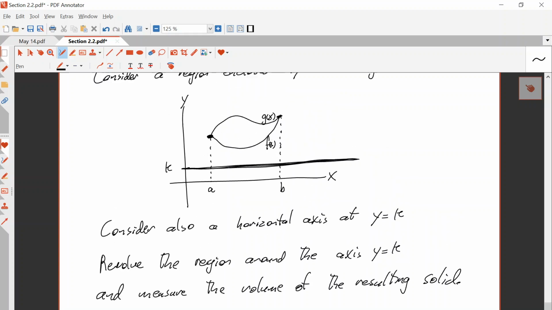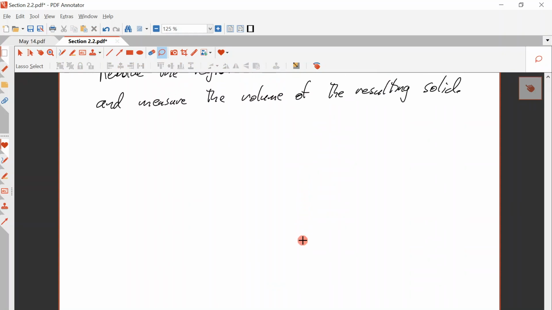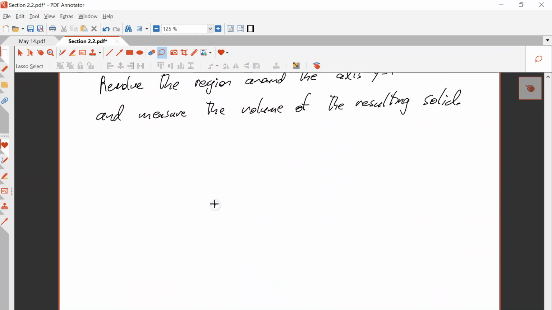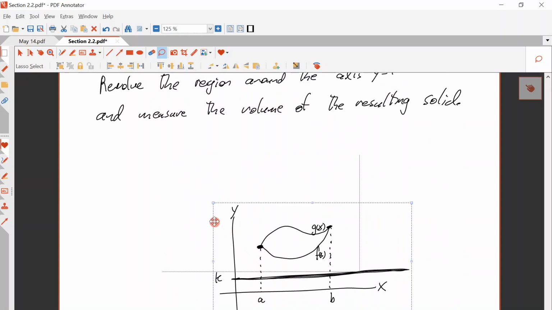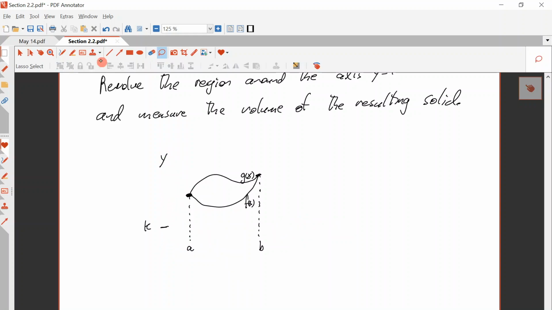So here's the picture. I'm not going to draw the whole solid because it becomes kind of messy. And what I'm going to do also is erase the x-axis here. So I just have this.